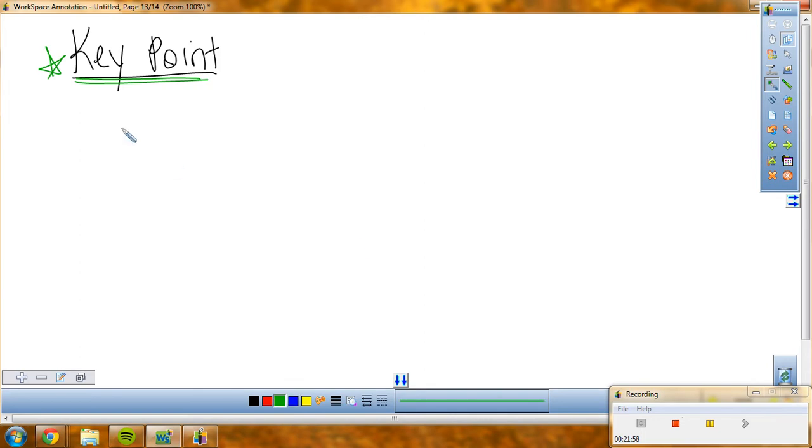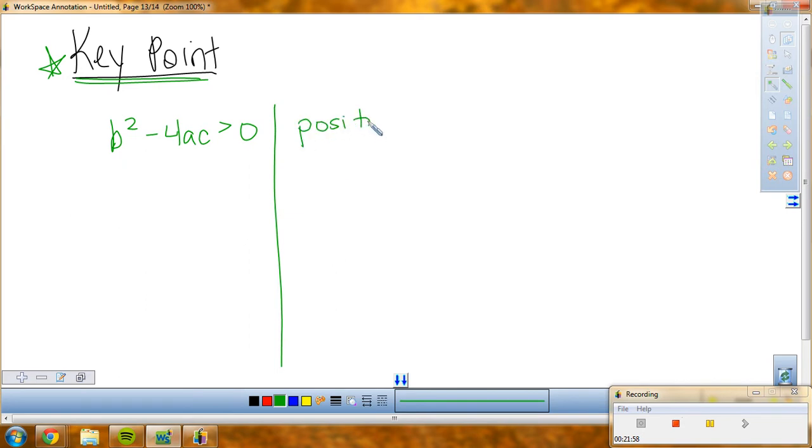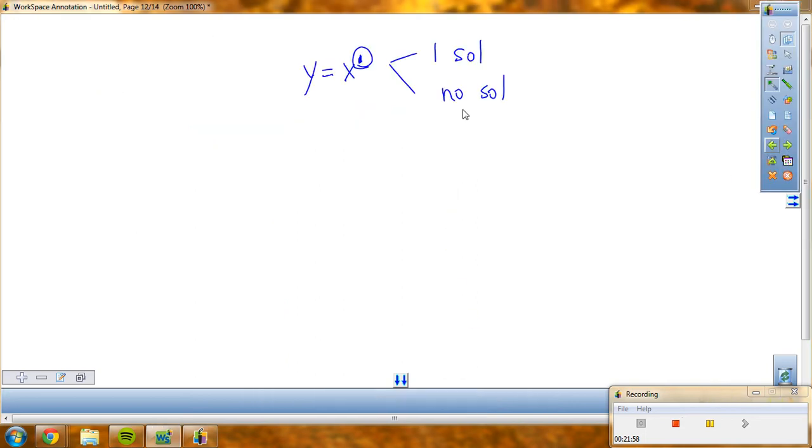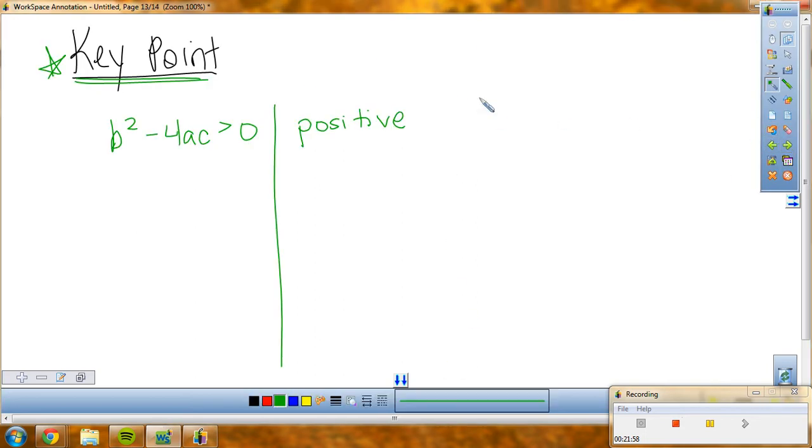So let's make this a big key point. All right? If b squared minus 4ac is greater than 0, meaning it's positive, then that means we have two real solutions. And if on your paper you're just writing 2 solutions, that's totally acceptable.